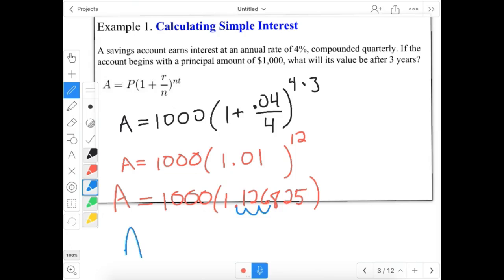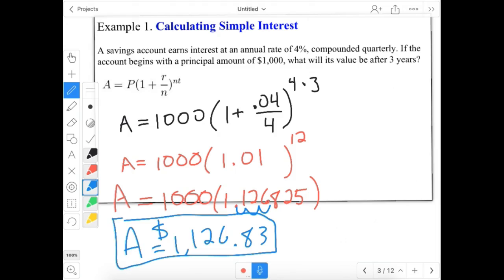So that A value would be equal to $1,126, and looks like that should be 83 cents. So by having your $1,000 in this account, we were able to gain $126.83 after 3 years with that interest rate compounding quarterly.